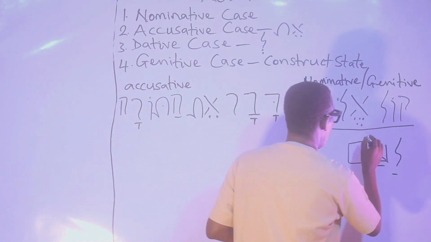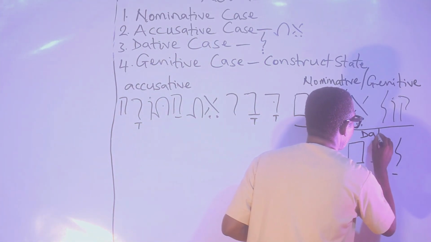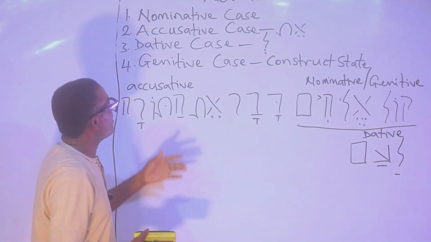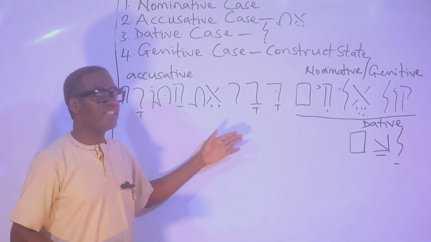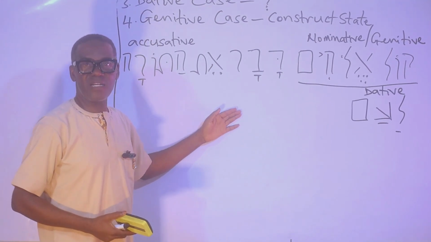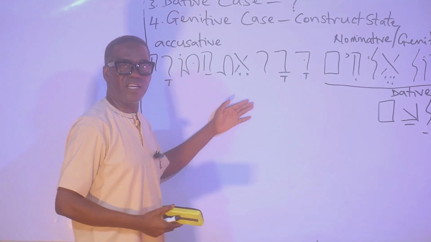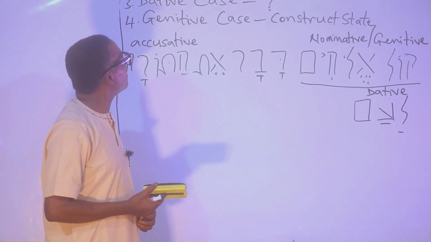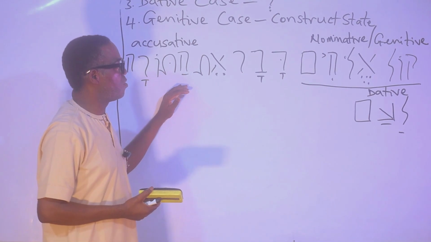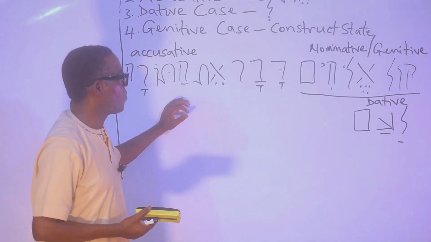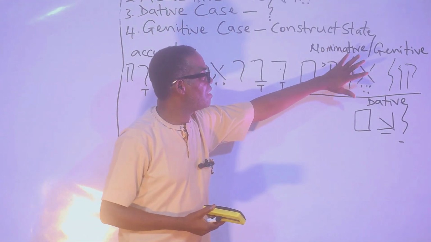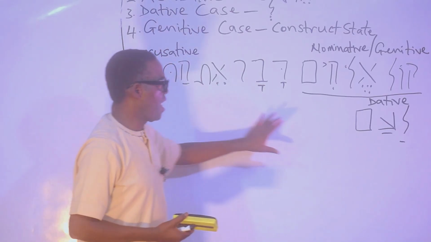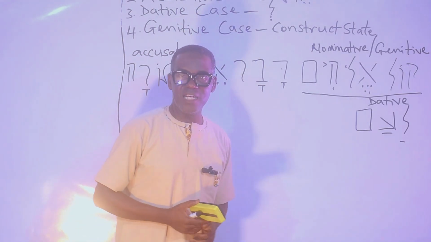Then here we have dative case. So the four of them have been represented in this single sentence in Hebrew. So the cases in Hebrew show the functions of the noun. The noun here functions as nominative or genitive. The noun here functions as accusative, and the noun here functions as dative.